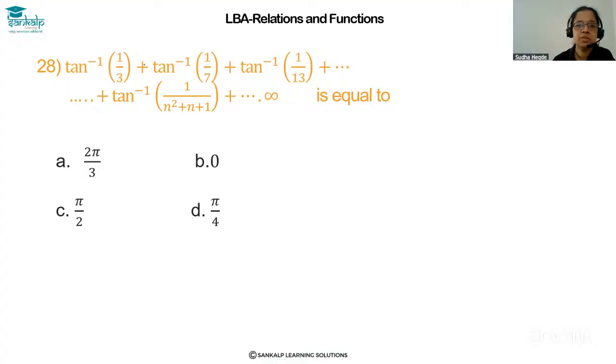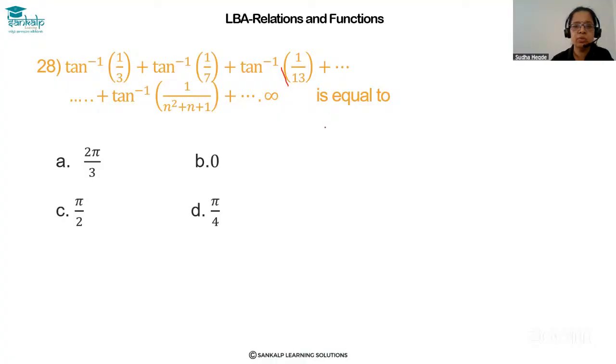Hi students, the question is tan inverse 1 by 3 plus tan inverse 1 by 7 plus tan inverse 1 by 13 plus so on plus tan inverse 1 by n square plus n plus 1 plus so on up to infinity is equal to, you need to find the sum Sn.